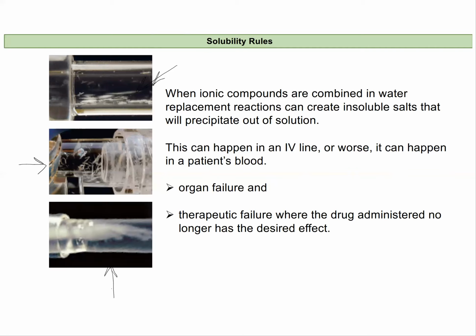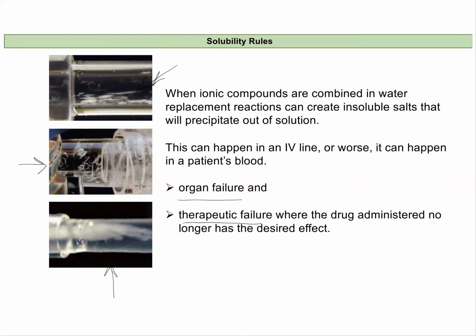And so this reaction is happening also inside the patient in their veins, which can actually be extremely disastrous. It can lead to organ failure if you have crystals forming in a patient's bloodstream. And also there's a situation where instead of forming crystals, the therapeutic effectiveness of the drug decreases.